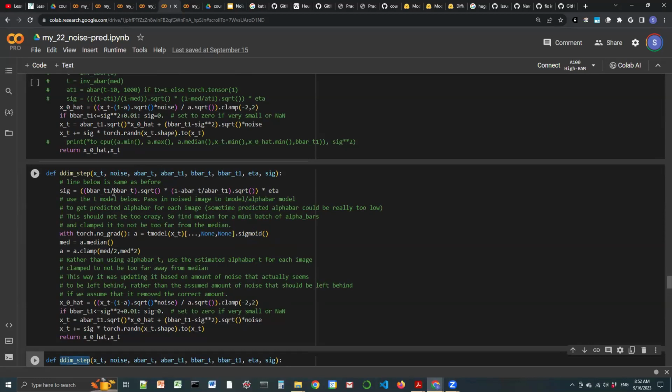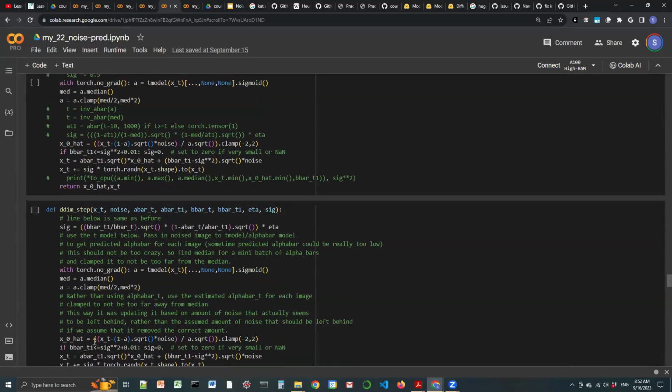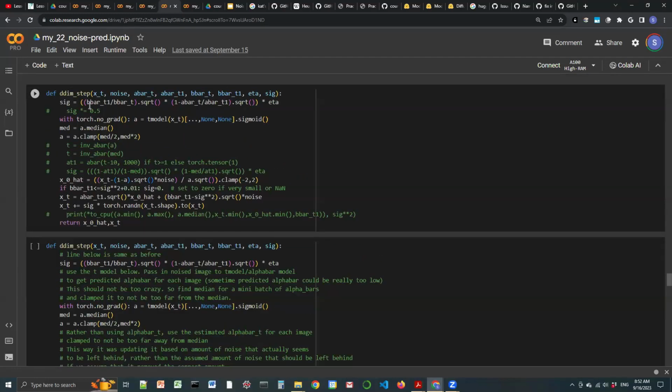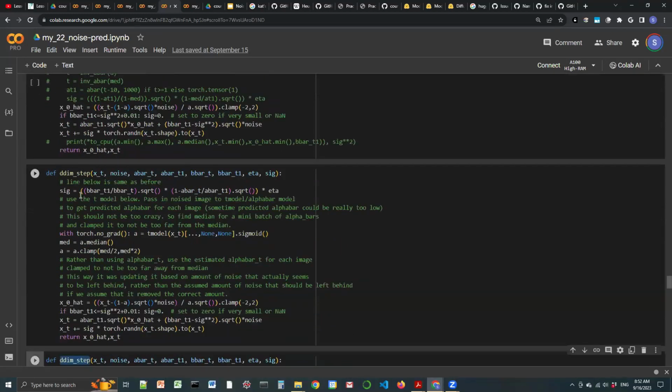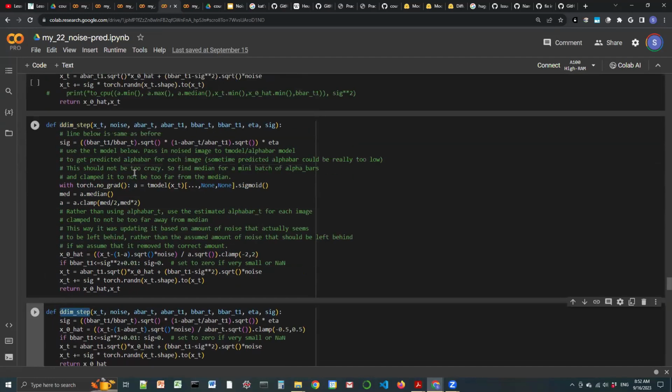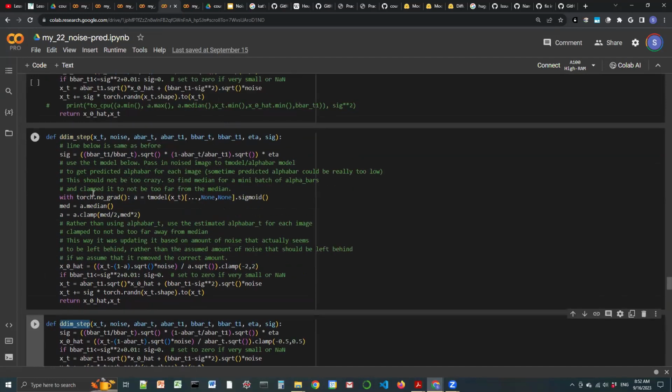But his point is he changes the DDIM step, and the way he changes it is, this particular value sig is the same as before. These two lines are the same sig step as what it is here, but he does something different in the DDIM step.